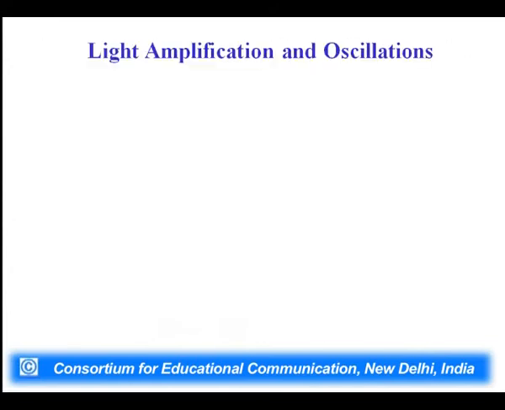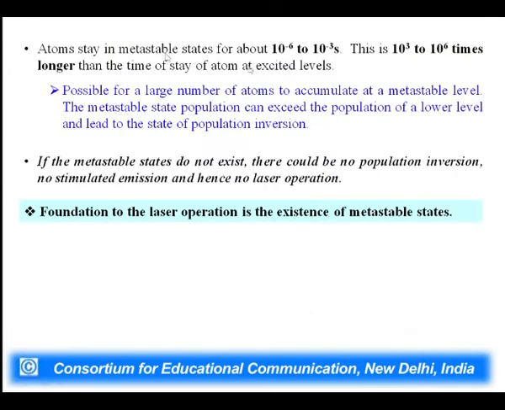Then what is this state? Atoms stay in the metastable state for about 10 power minus 6 to 10 power minus 3 second. This is 10 power 3 to 10 power 6 times longer than that of the atoms of the other excited states. It is possible for a large number of atoms to accumulate at the metastable level.